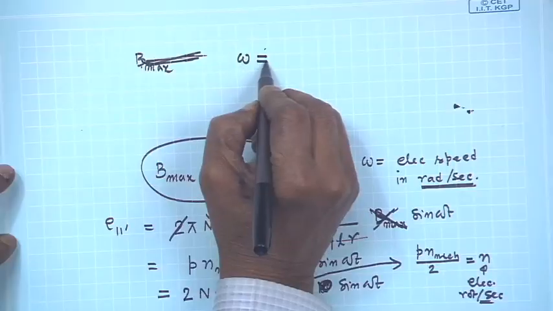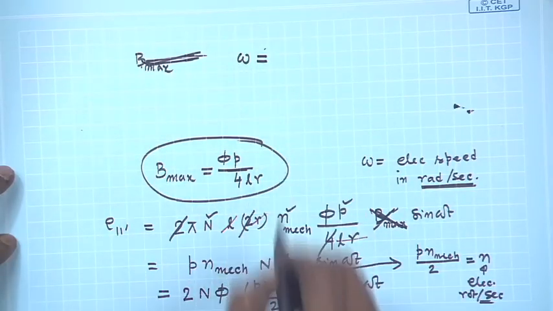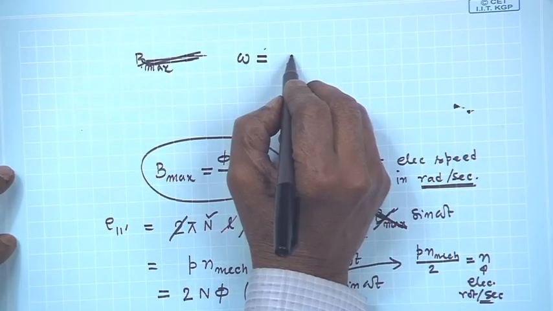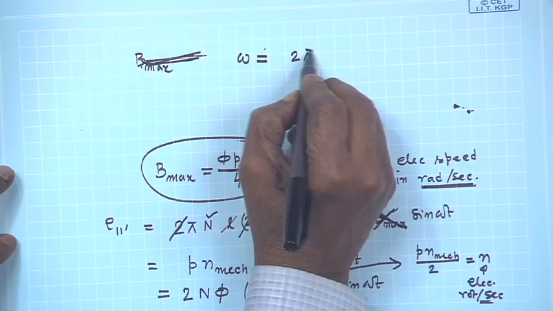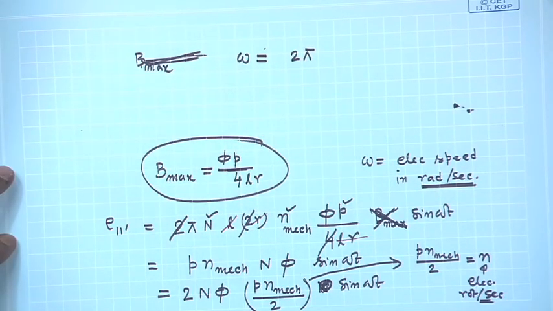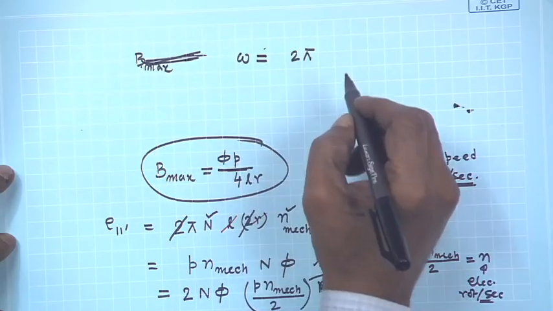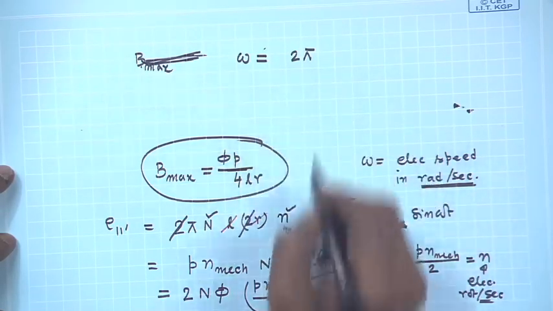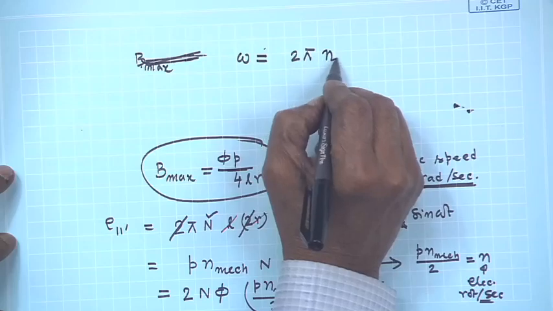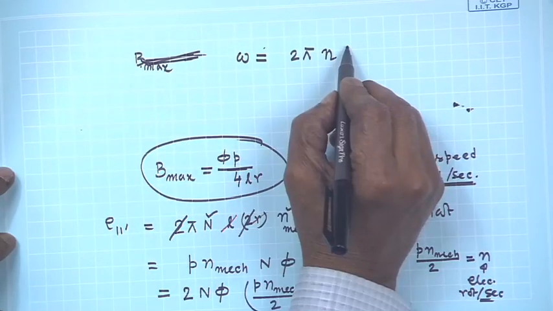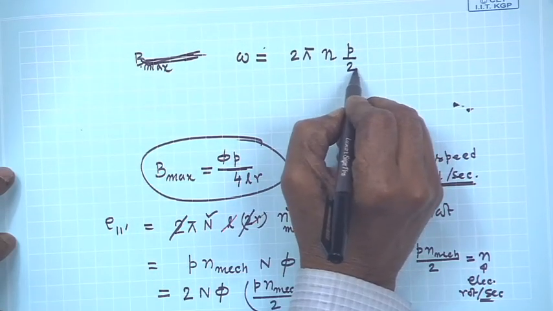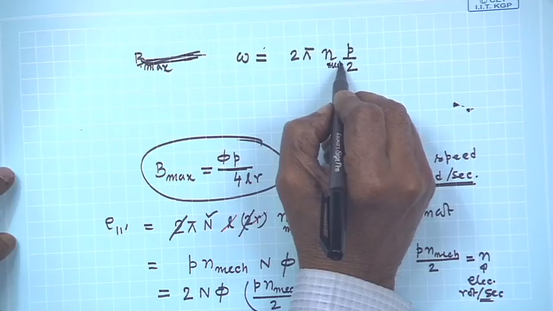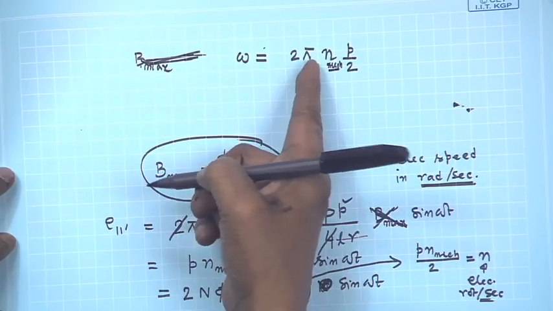Now, omega can be related with a mechanical speed as 2 pi n into p by 2, in radian per second.